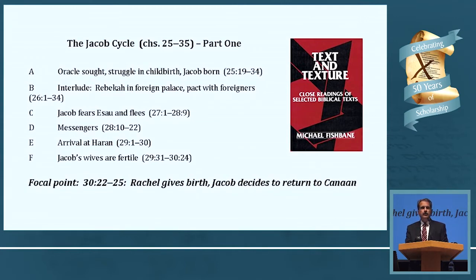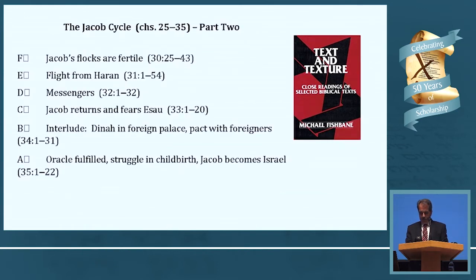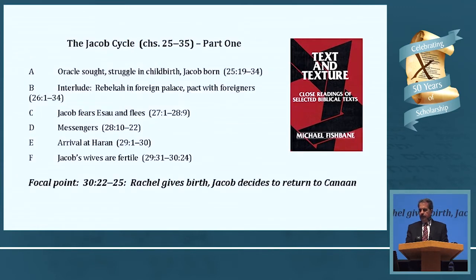So you get the same structure here, units A through F. And then, next image, but you can see it all on page 25 at once in the packet, units F prime through A prime. And the focal point is, at that point in the story, Rachel, as you know, has been barren throughout, the favorite wife of Jacob.